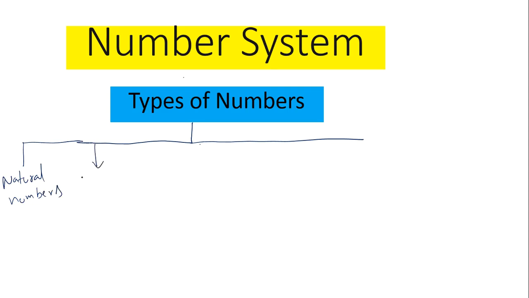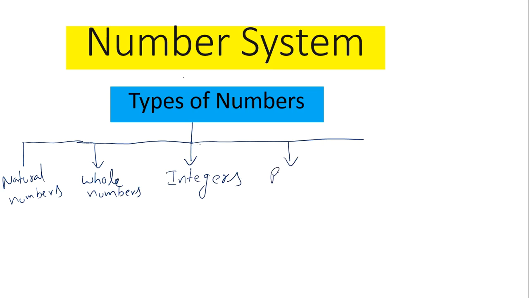The second one is whole numbers. The third one is integers.